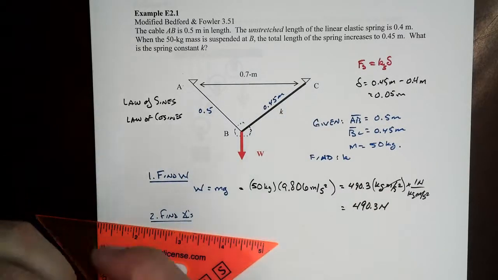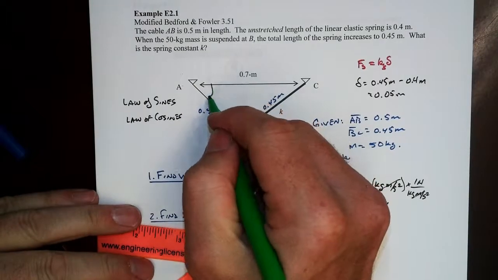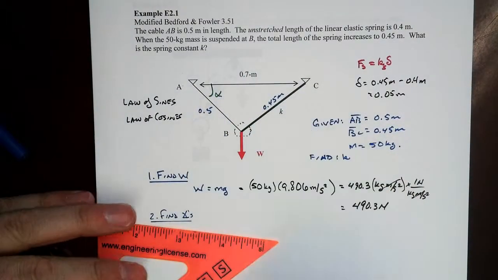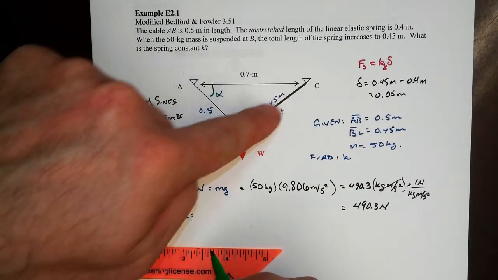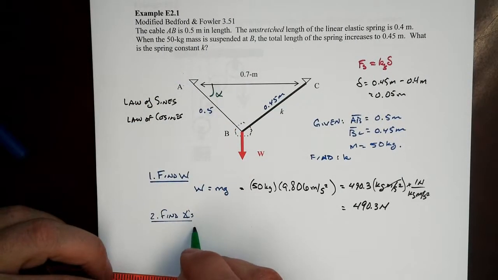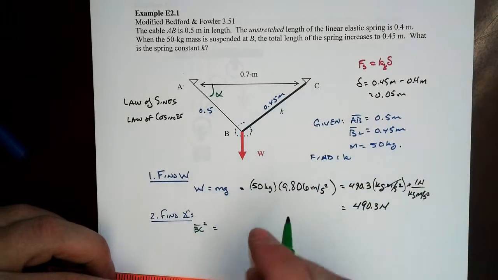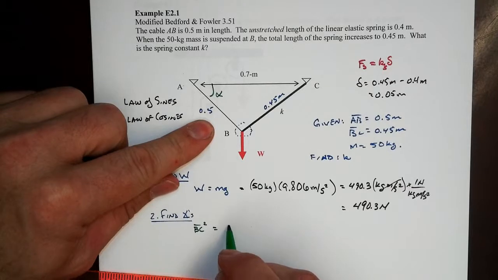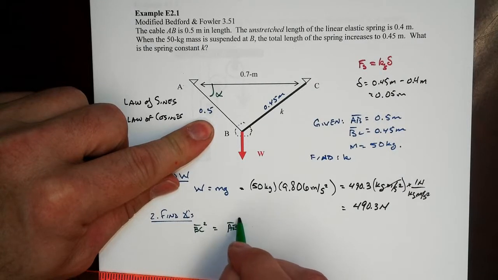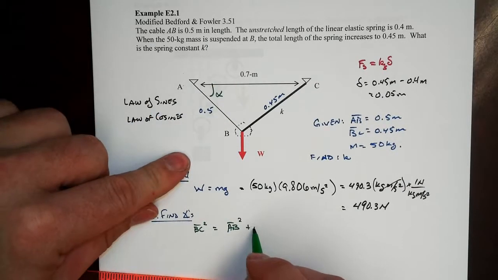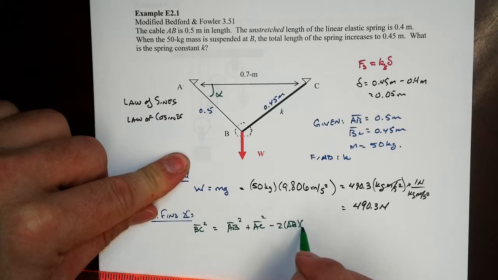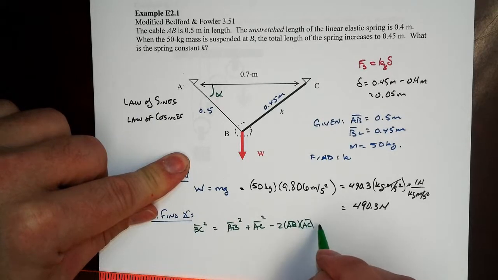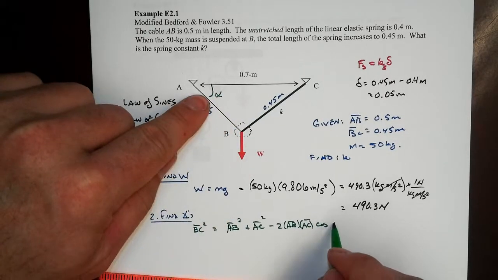Why not go and find one of these angles? We'll call that alpha. Right? And so that would be the opposite side. That would be BC squared would equal AB squared plus AC squared minus 2 times the length of AB times the length of AC times the cosine of this angle that we're interested in.